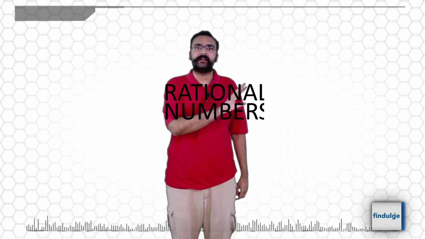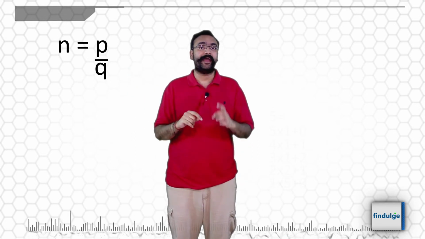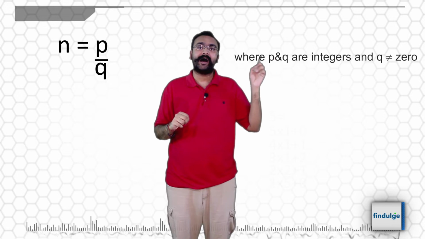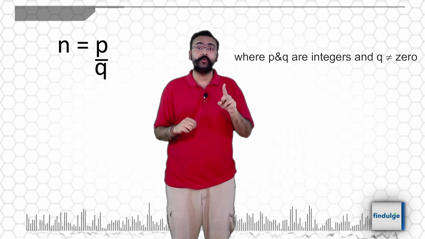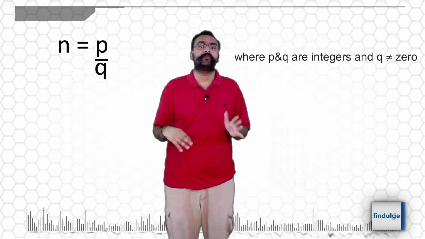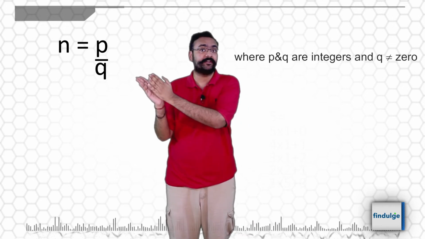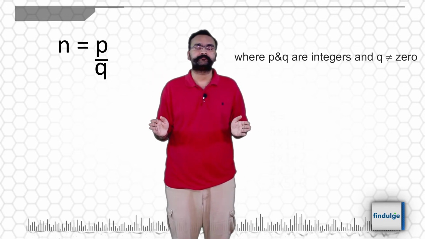Now that we're done with integers, let's move on to rational numbers. Rational numbers, you might remember, are simply those numbers that can be represented as n is equal to p over q, where p and q are integers and q is not equal to 0, because obviously it will become divided by 0, which is not allowed.